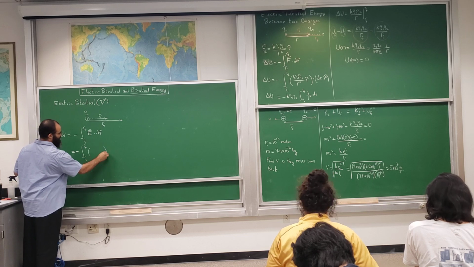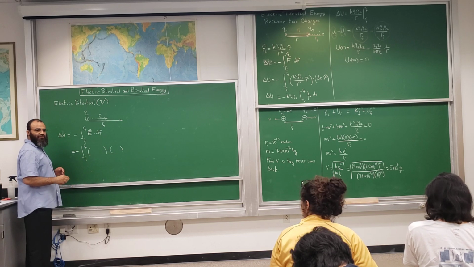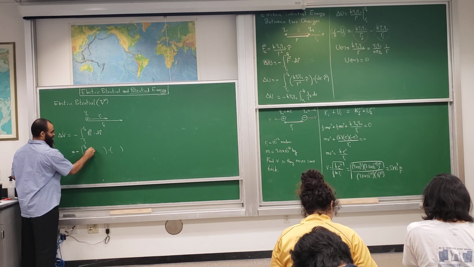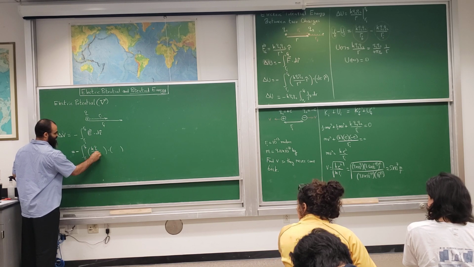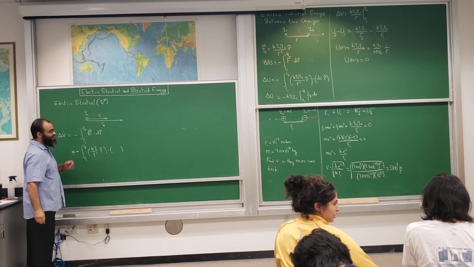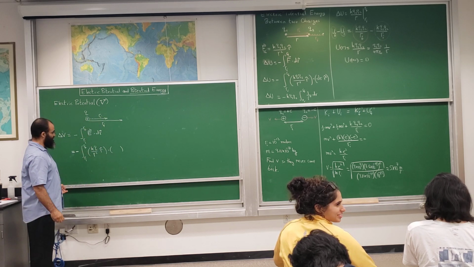We need to know that, right? The electric field for a point charge is kQ over r squared, r hat. Let's say this is the r hat direction.